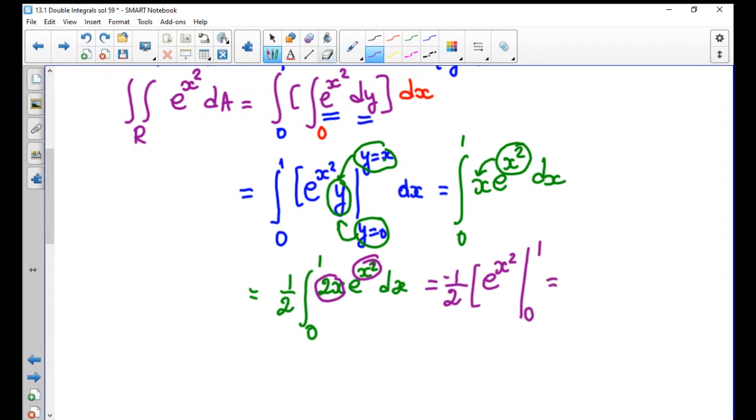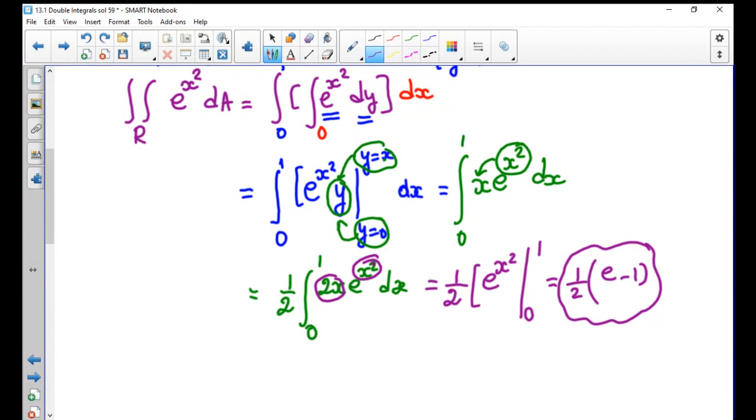And then you calculate this. Substituting 1, you get e, and substituting 0, you get 1. And this is the final answer of this integration.